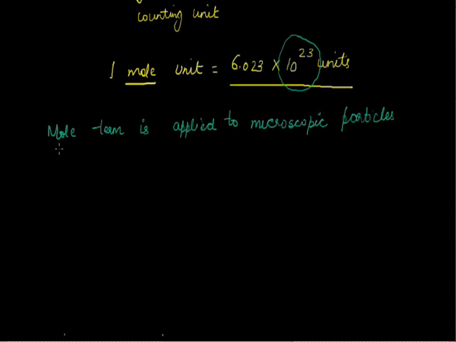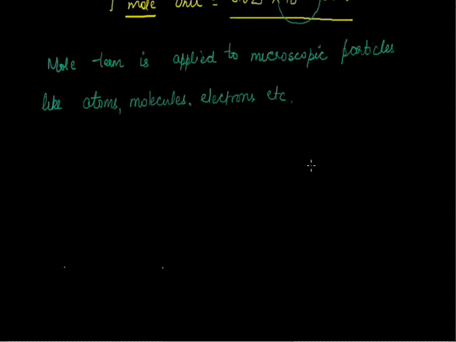Now, which microscopic particles? Microscopic particles like atoms, molecules, electrons, protons, etc. Now, scientists have been discovering elements from the 13th century, and they have seen that the elements are found in compound state, and for this they made some laws on how these atoms or elements combine with each other to form compounds.